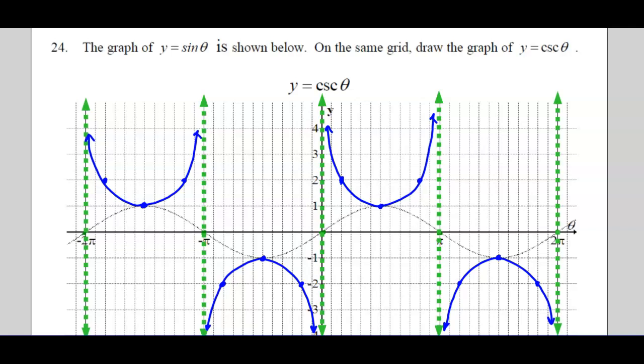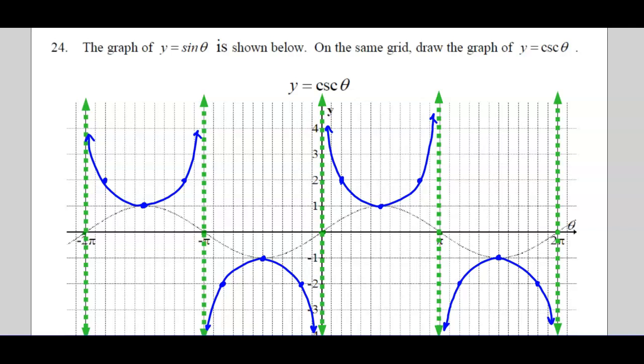So if the original function is sine or cos, it has a period of 2 pi. The reciprocals will have a period of 2 pi. If the original is tan, it had a period of pi. What do you think for cotan? Pi. Okay, so the period will be the same. Sometimes students just see the asymptotes and think, oh, the period is pi for the reciprocal.